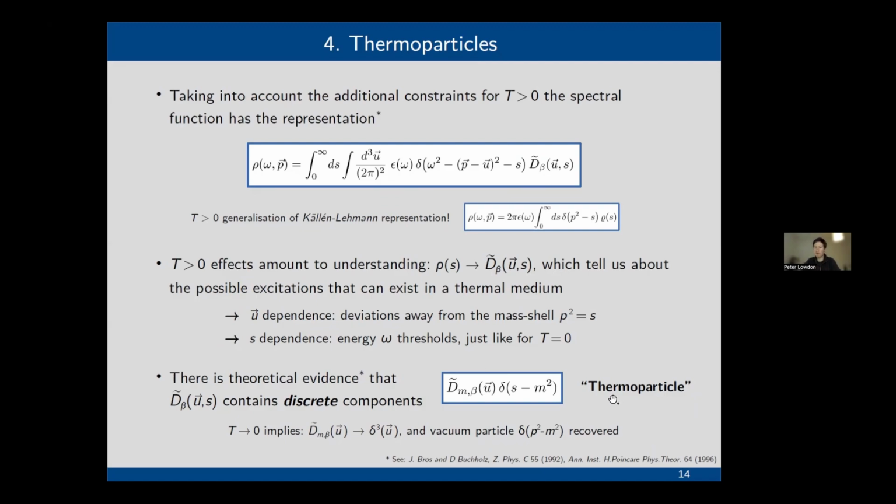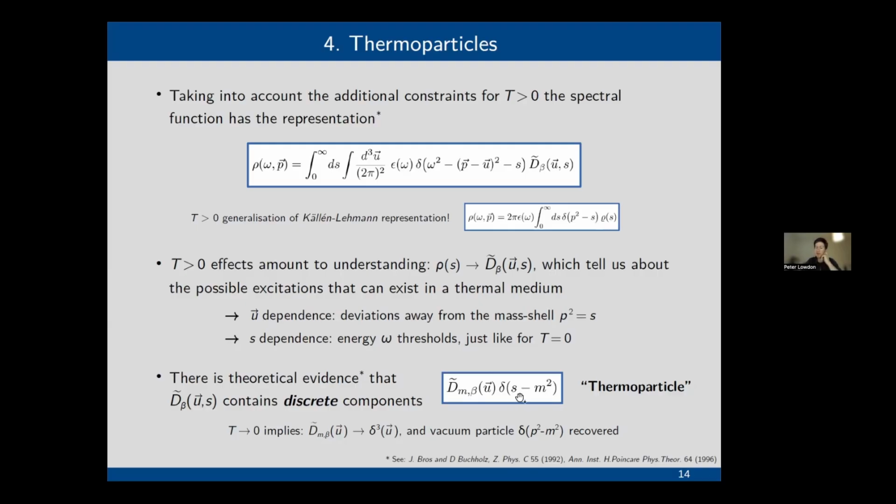And this is where the concept of thermoparticle comes about, which was introduced in these works. The idea is that if you have a stable particle state in vacuum, meaning this rho has a delta of s minus m squared, then at finite temperature this manifests itself as a term that looks like this.